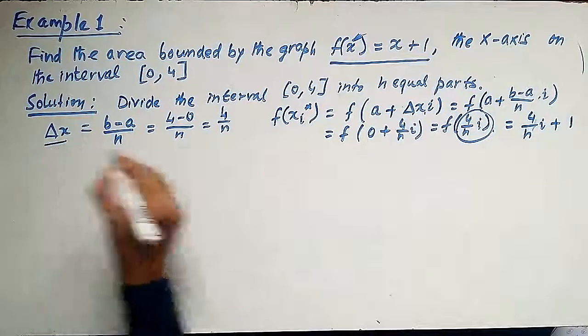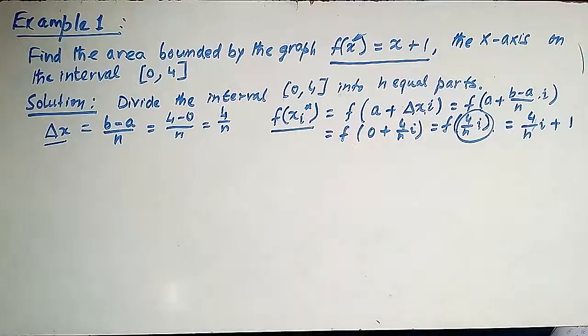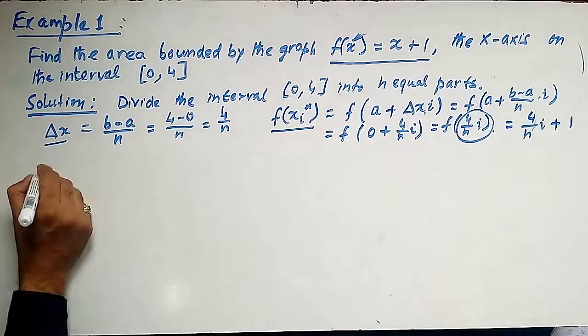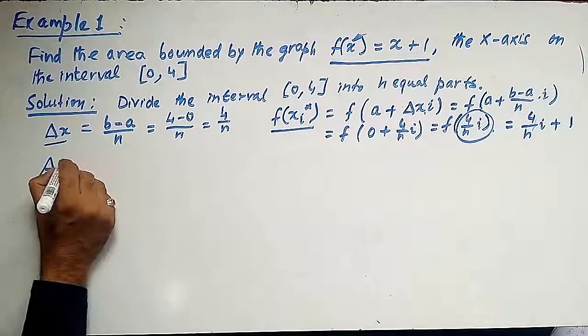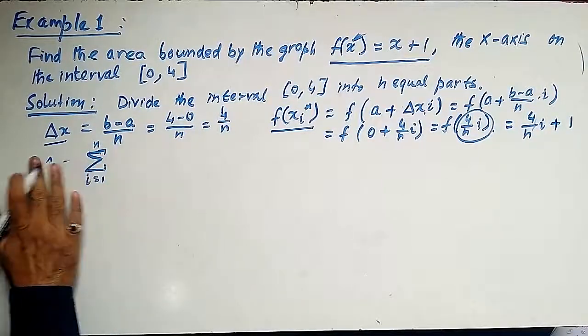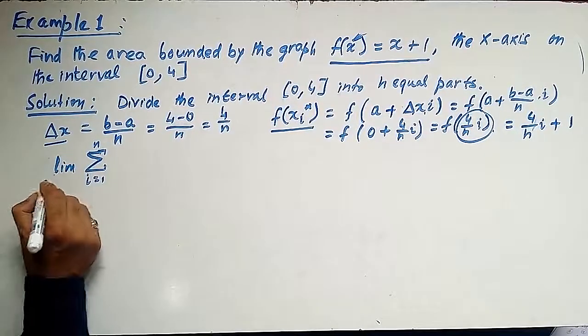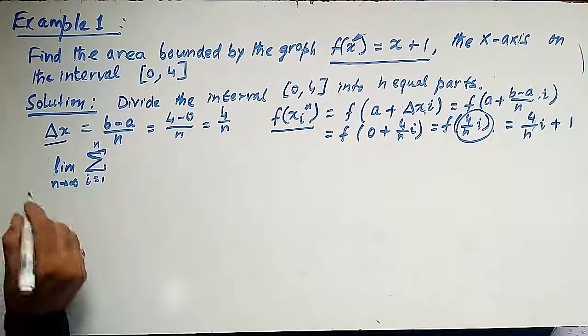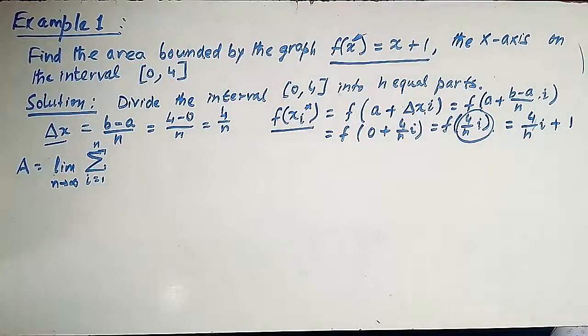So we got the value of delta x, and we got the value of the function f(x_i). Now it's just a question of applying the basic Riemann sum formula, which is A equal to the limit as n tends to infinity, sorry, I forgot this, of the summation from i equal to 1 to n, because we are defining n intervals where n is an extremely huge number of intervals in order for the area to be equal to the area under the curve.